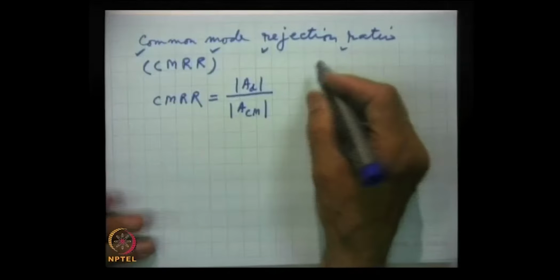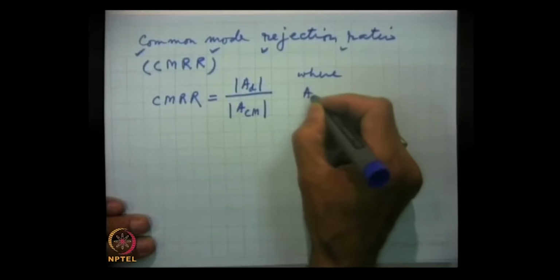CMRR, common mode rejection ratio, is defined as the ratio of the magnitude of differential gain and the magnitude of gain in common mode.